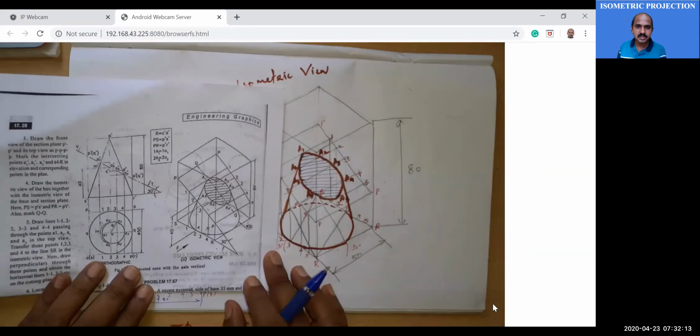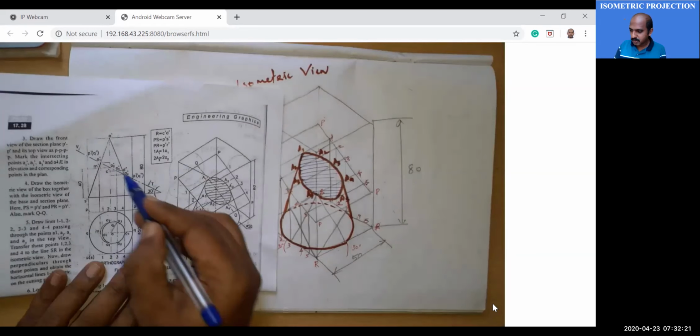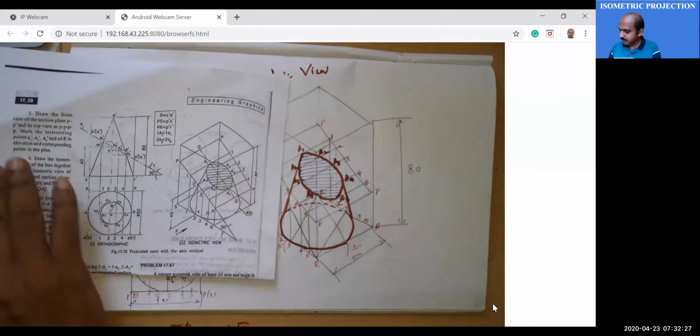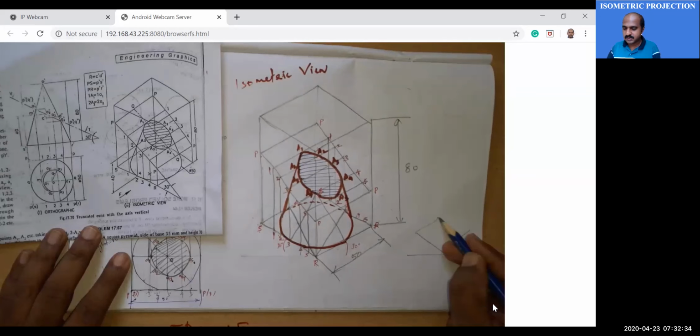Truncated means cut by a section plane. In this textbook, the cutting plane is like this. Suppose you draw the cutting plane in this direction also. Then what happens?